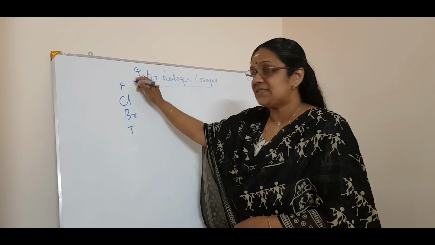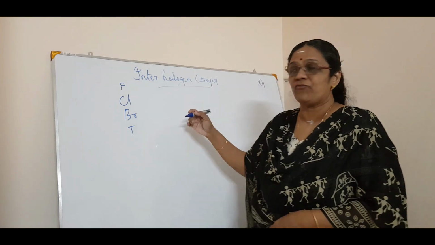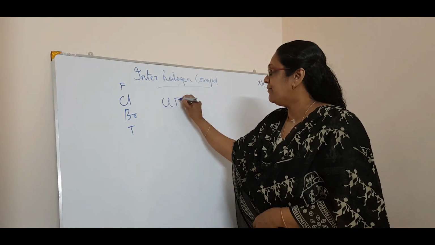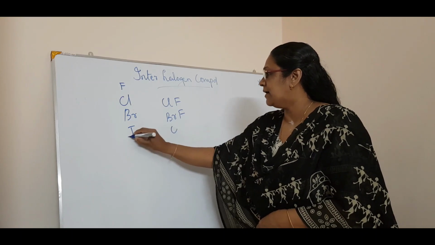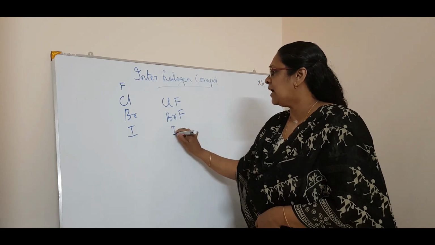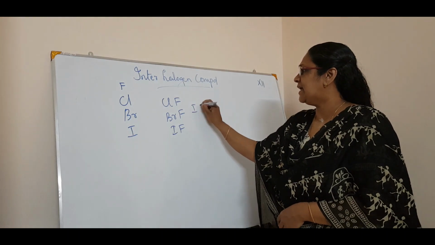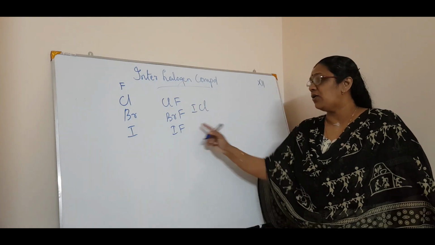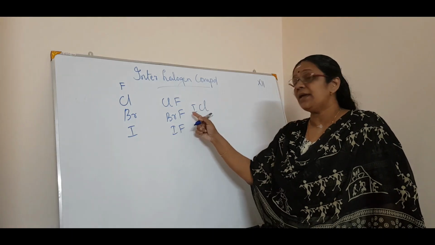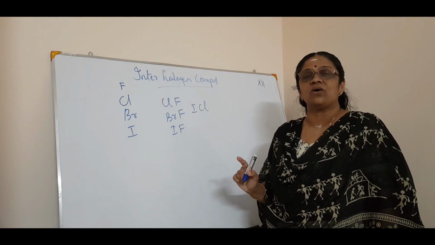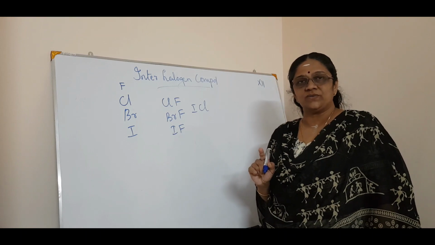So between these halogens compounds are formed. For example, ClF, BrF, IF, ICl, etc. These are called interhalogen compounds. The compounds which are made between halogen atoms are called interhalogen compounds.